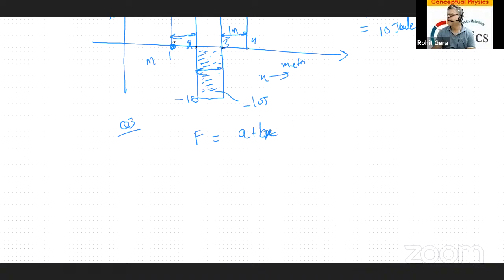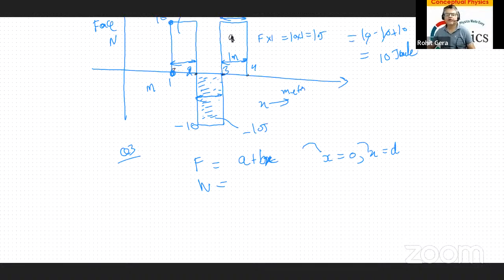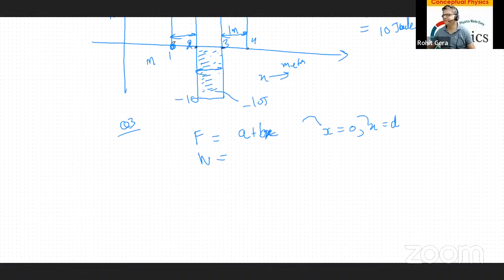And the work done is to be calculated, and the displacement of the body is from x equal to 0 to x equal to d. Question is, what is the work done when the body moves from this point to this point? You do this. Calculate it. So two types of questions. One, area under the curve. Other is variable force with equations, which is integration.